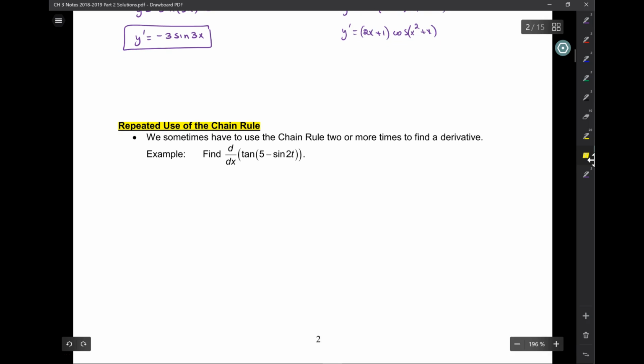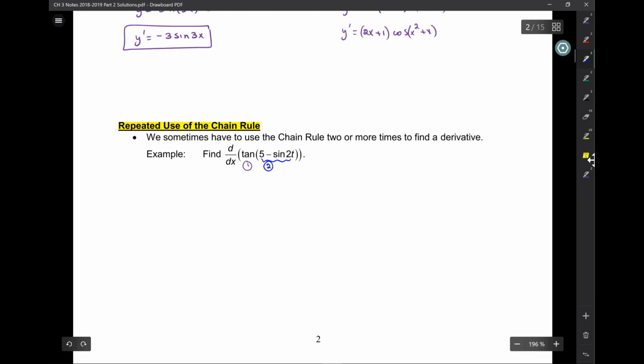So sometimes you have to use it two or more times. Here's an example, d dx of this. What's the outermost function here? Tangent. I'm going to call that number 1. And once you go in, what function do we have? 5 minus sine of something.